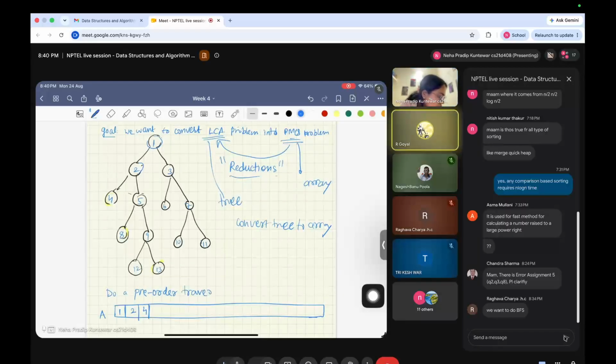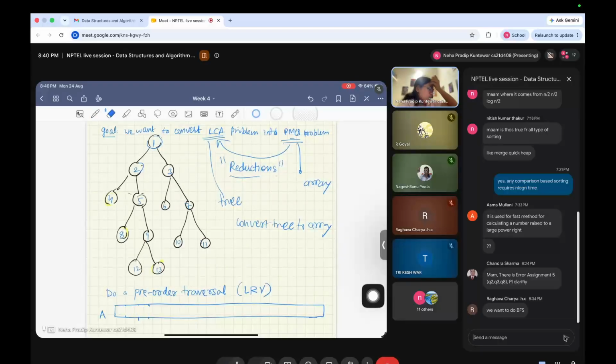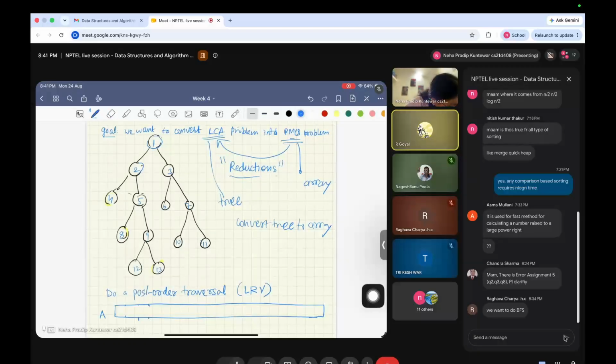We go to the left child, go to the right child.